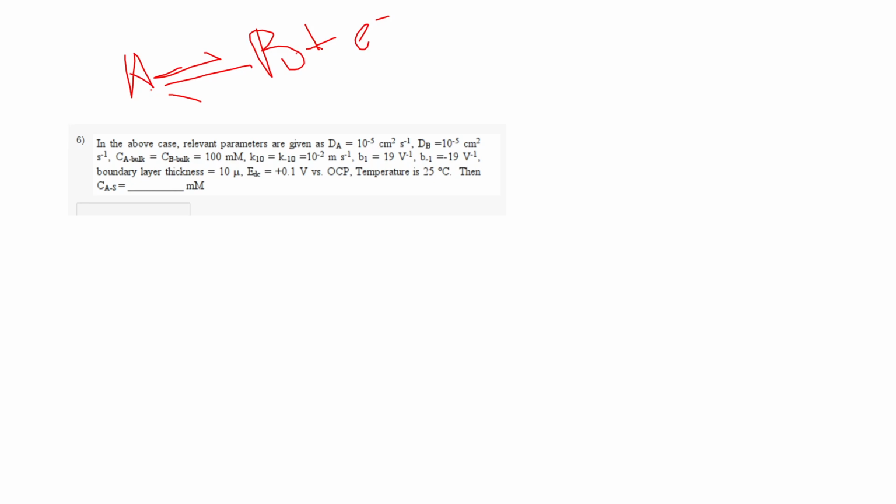Ca bulk and Cb bulk equal to 100 millimolar. K1 0 and K minus 1 0 equal to 10 to the power minus 2 meter per second. B1 equal to 19 volt inverse and B minus 1 is negative 19 volt inverse. Boundary layer thickness is 10 micron, EDC equal to 0.1 volt versus OCP, and temperature is 25 degrees Celsius. Then what is CAS in millimolar unit?